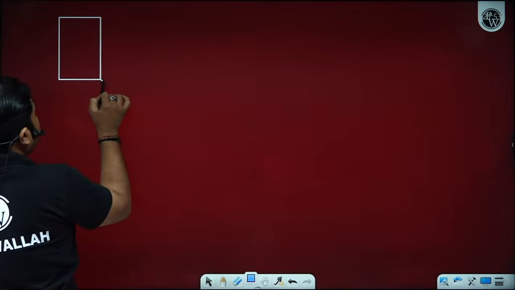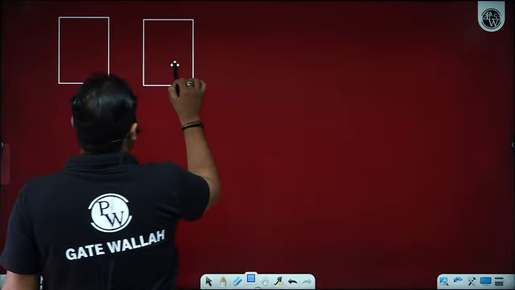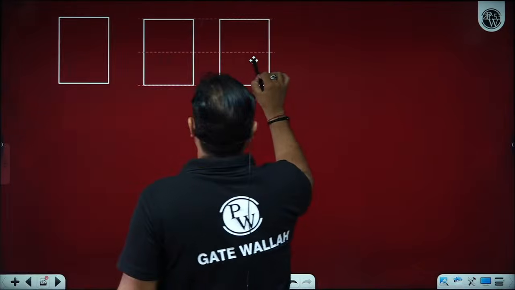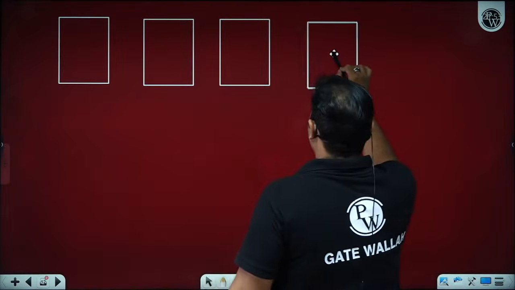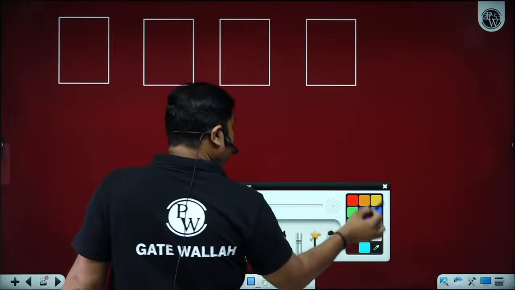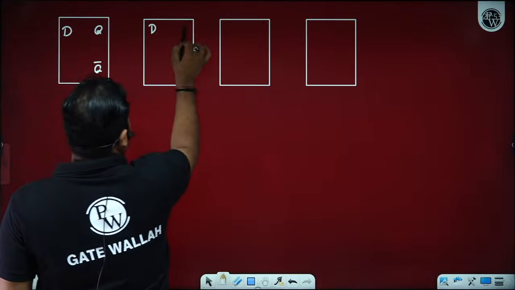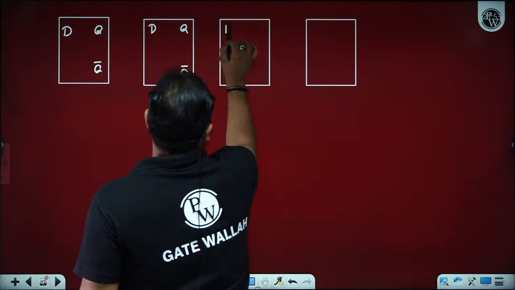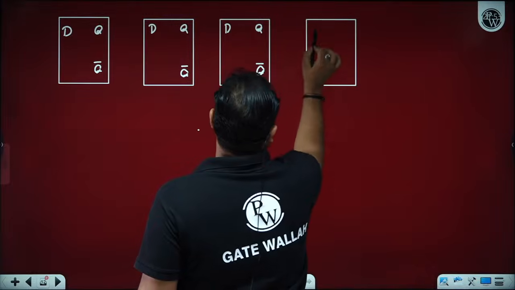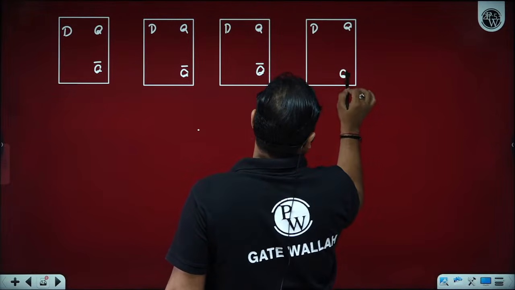If we observe a 4-bit ring counter using D flip-flops, we have D, Q, Q bar, four times.